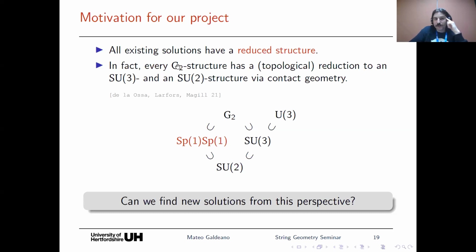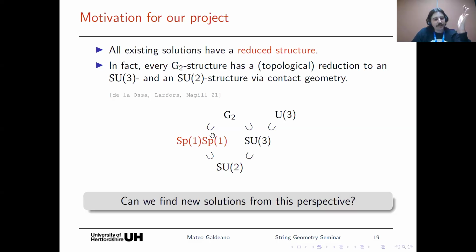And it's true that when you have a G2 structure, you always have some topological reduction to SU3 and SU2 structures using contact geometry. So we wanted to see if we could find new solutions using this perspective, trying to reduce the structure. If you look at these inclusions, G2, SU3, SU2, there's this Sp1 sitting here.